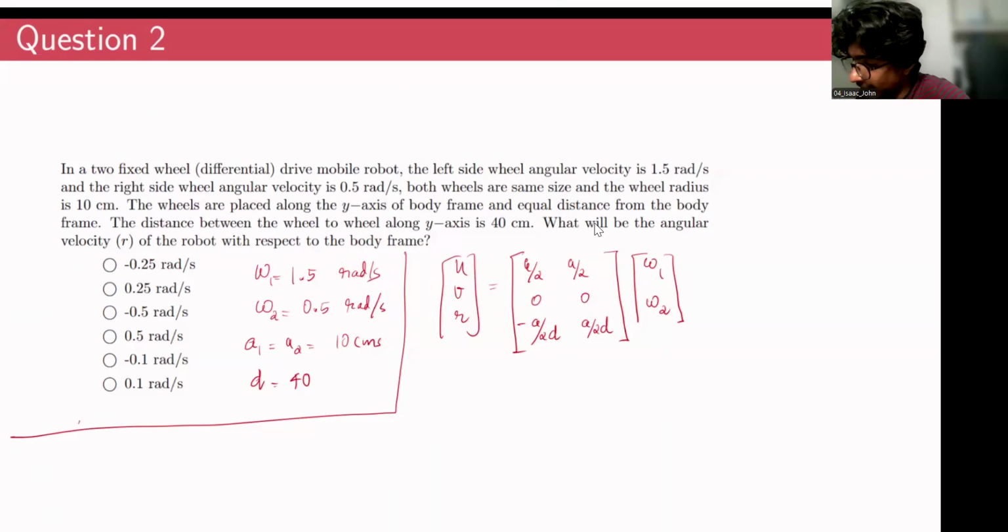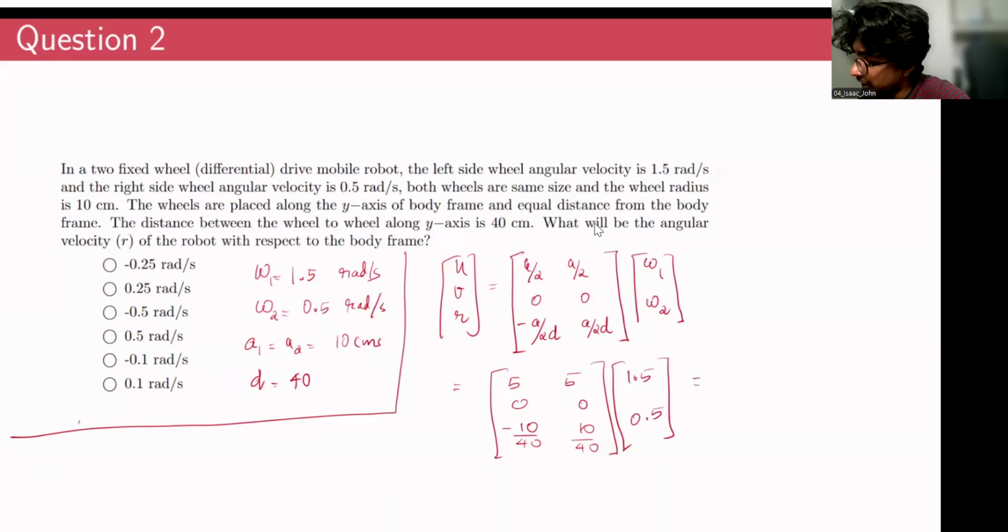So if I substitute the values, I'll get A by 2 as 5, again A by 2 is 5. The second row is all zeros. And the third row is minus A by 2D, that becomes minus 10 by 40, and this becomes 10 by 40. And you multiply this with omega 1 and omega 2, that is 1.5 and 0.5. And if you multiply this out, you will get UVR.